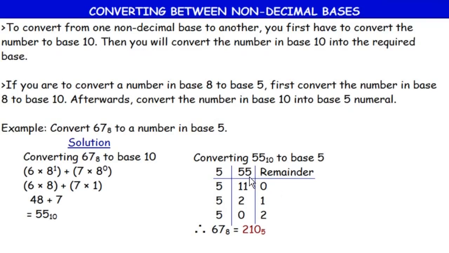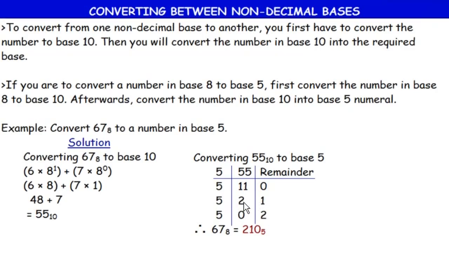So we are going to use the second approach that we just saw, converting from base 10 to a different base. The first column caters for the new base 5. The second column is the number in base 10, 55, and then the remainder. So 55 divided by 5 is 11, remainder 0. 11 divided by 5 is 2, remainder 1.